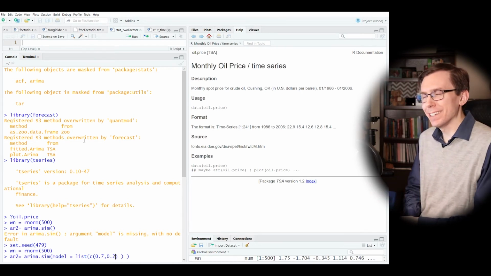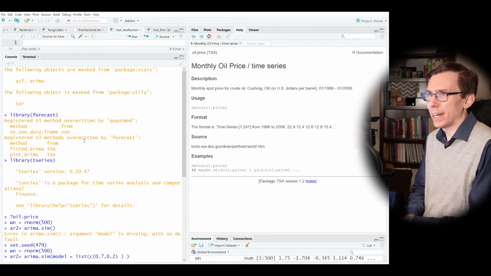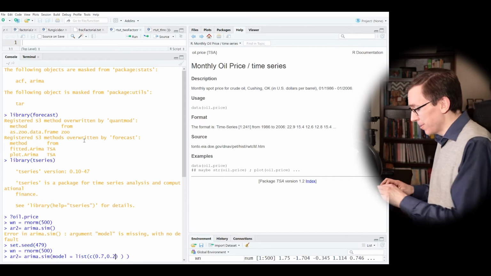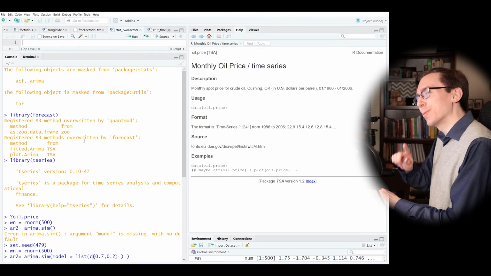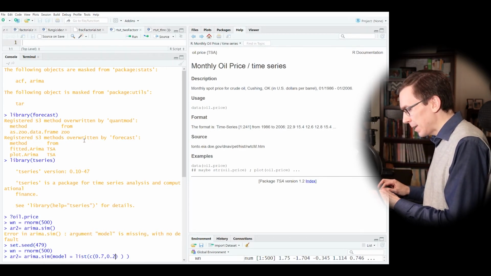I think that should be sufficient that 1 is no longer a root, because if you plug 1 into the characteristic polynomial, you would get 1 minus 0.9, which is 0.1, which is not 0. So let's hope that we get something that is close to a random walk, but not a random walk. Anyway, what I was supposed to do is say AR is equal to this. And just as a placeholder, I'm going to say MA is empty. Hopefully R doesn't get mad at me for telling it that.